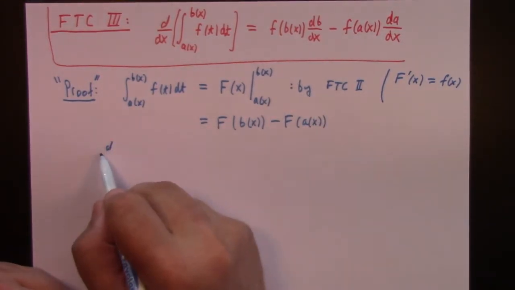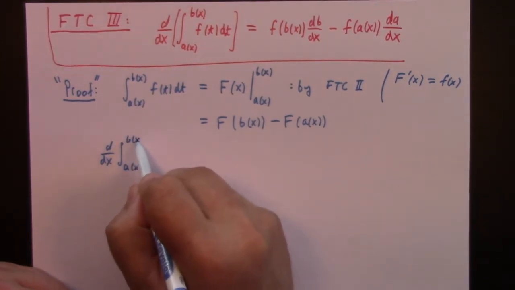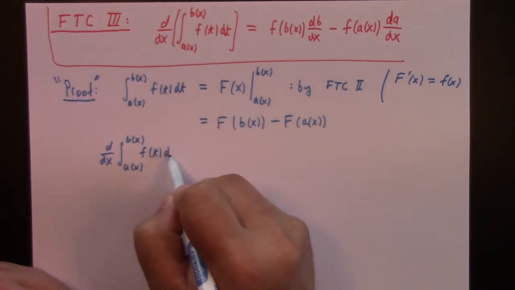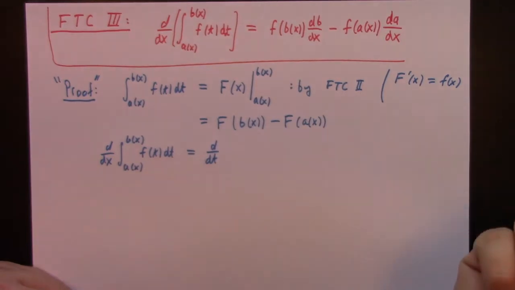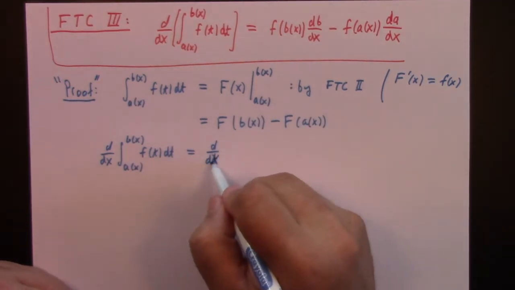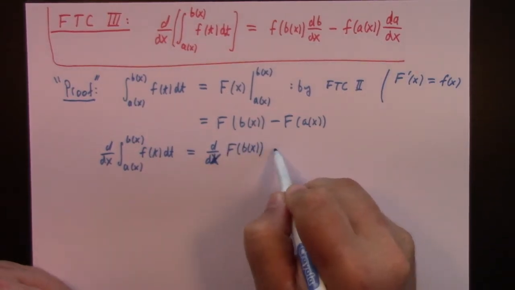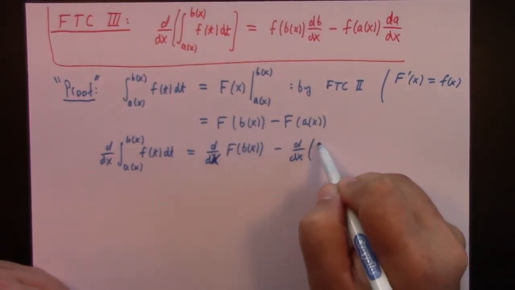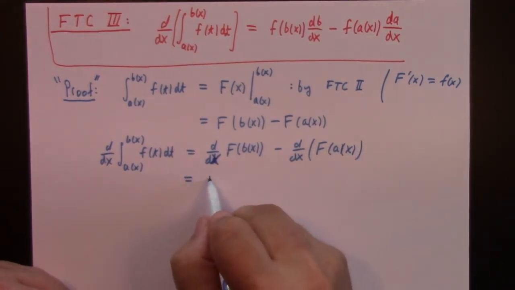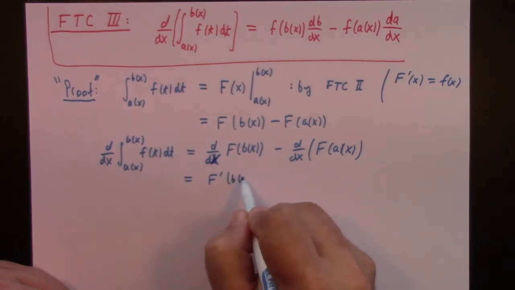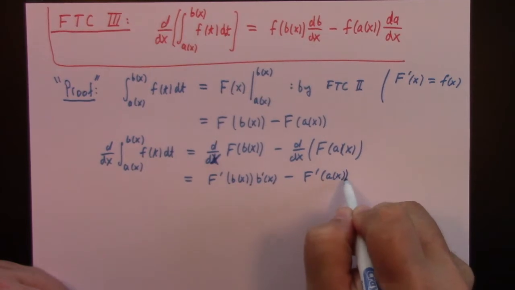Now if we differentiate that, we have d/dx of F(b(x)) minus d/dx of F(a(x)), but chain rule, so that's F prime of b(x) times b prime of x minus F prime of a(x) times a prime of x.